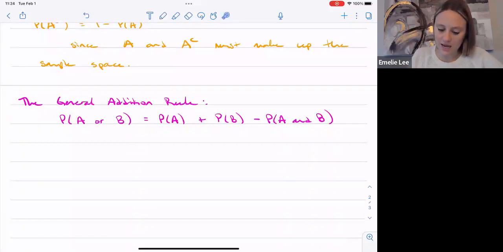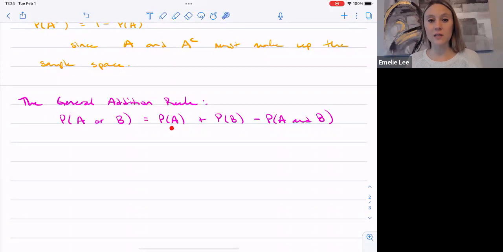So if we let A be the event that you draw a face card, and B the event of drawing a diamond, there are three cards that are both face cards and diamonds, right? So if we just considered adding up the probability of drawing a face card, right, which I'm pretty sure is what, 12? 4 times 3 is 12, right? So 12 out of 36.